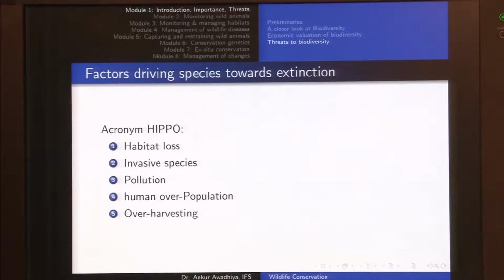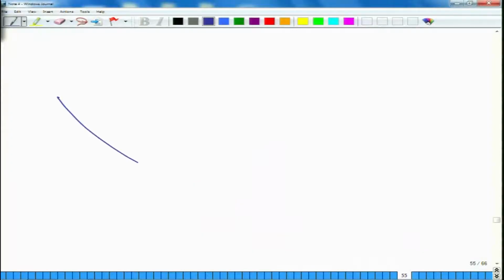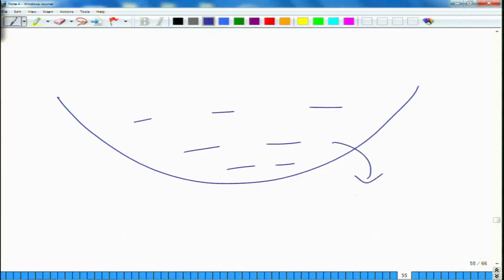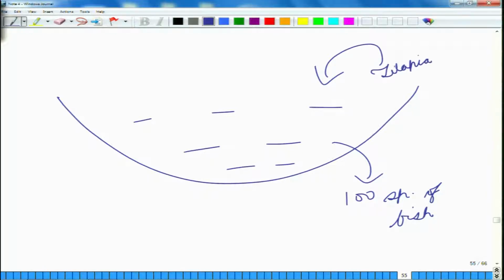So for instance, in a lake, there are suppose 100 species of fish. Now for farming purposes, suppose we introduced one more species, say the tilapia. Now tilapia is a species of catfish.